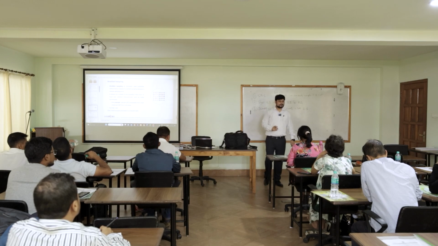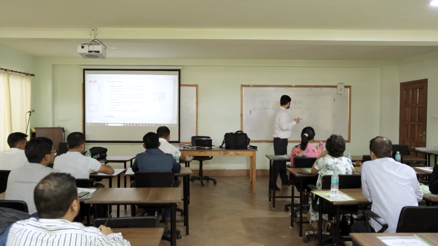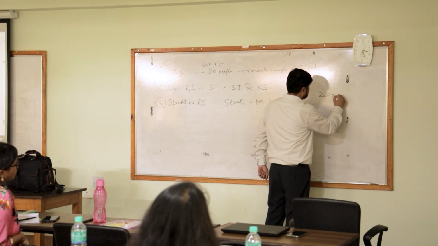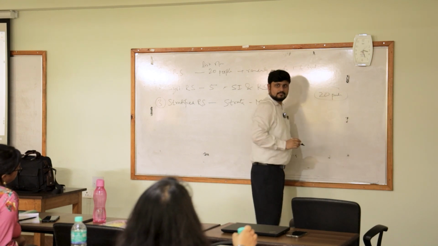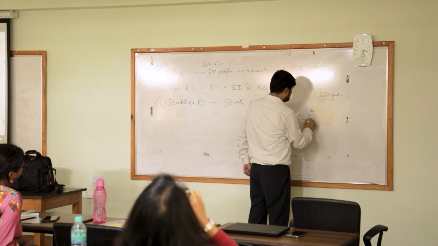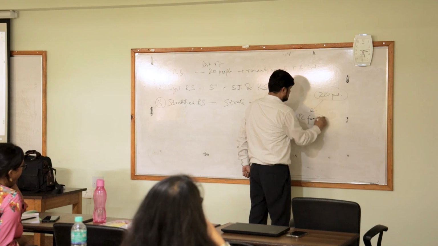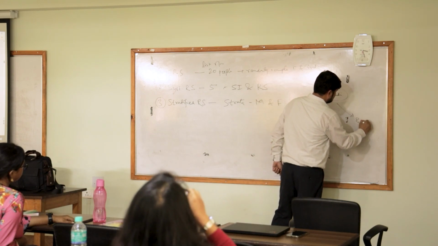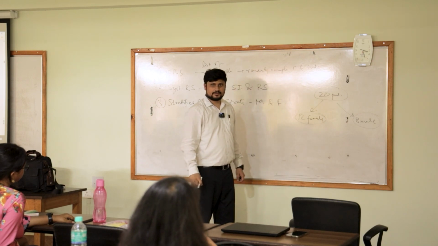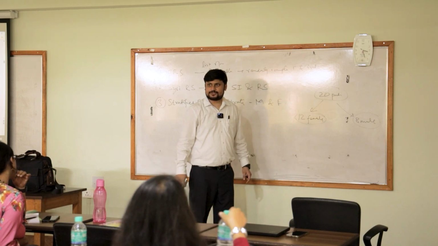So in my sampling process, what will I do? Let's say there are 20 participants here, out of which there are 12 females and 8 males, right? Now I have two options.